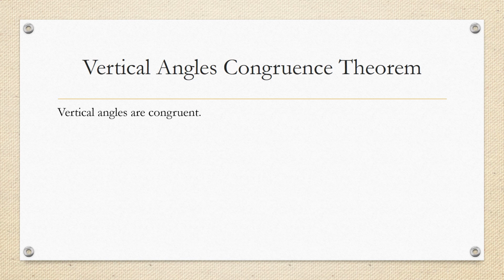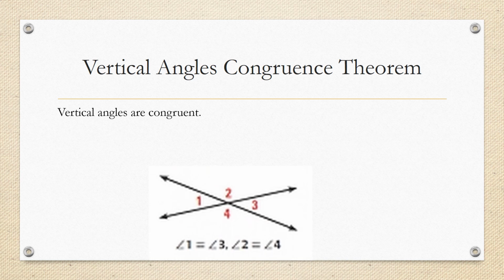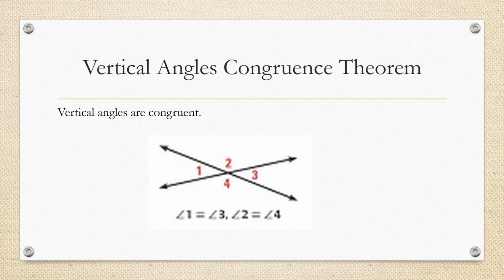Notice it does not use the words all vertical angles, because then that would mean every single vertical angle is congruent. Well, that's not correct. It's pairs of vertical angles are congruent. So here's a picture. Angle 1 and angle 3 are vertical angles. Angle 2 and angle 4 is another pair of vertical angles.